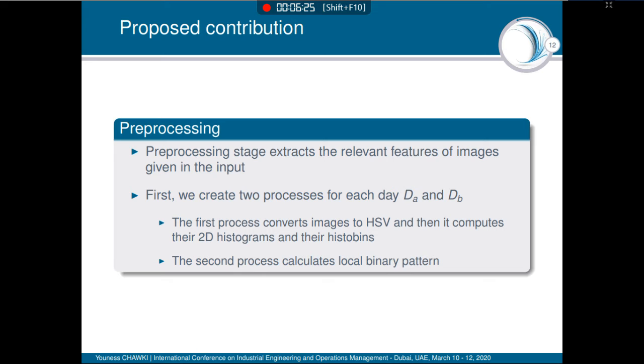For the first stage, it extracts the relevant features of the images given in the input. First, we create 2 processes for each day, dA and dB. The first process converts images to HSV and then computes their histograms and their slopes. The second process calculates the local binary patterns.